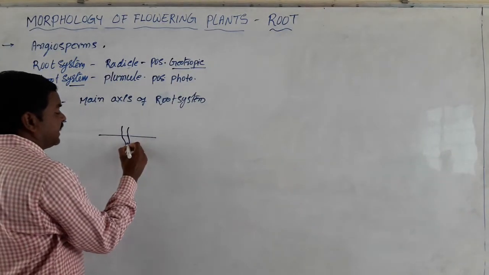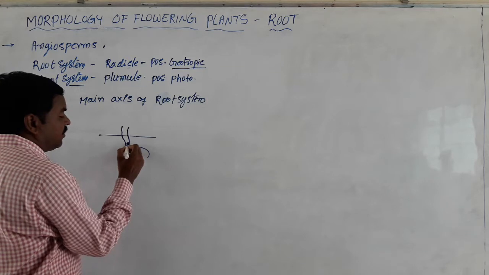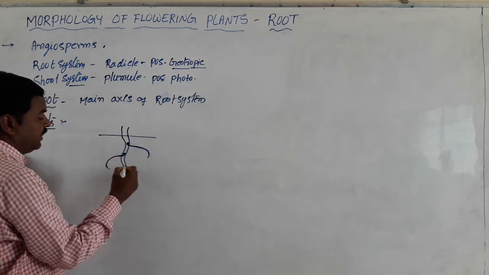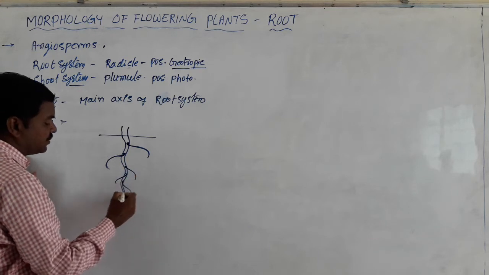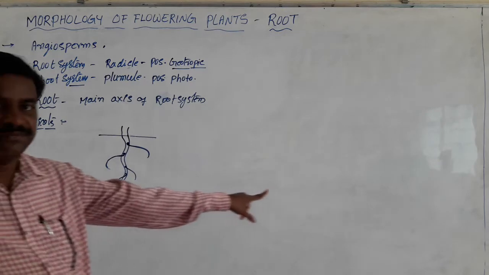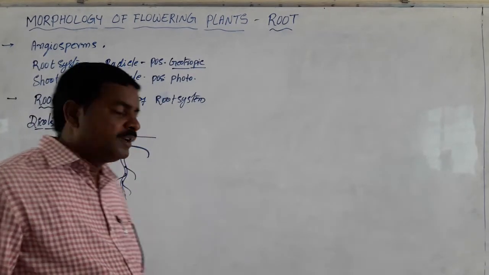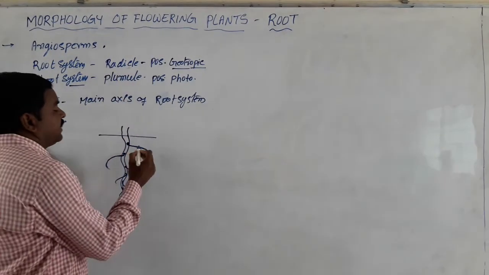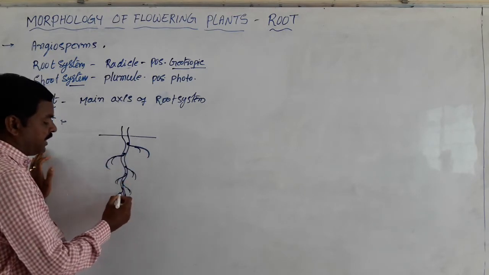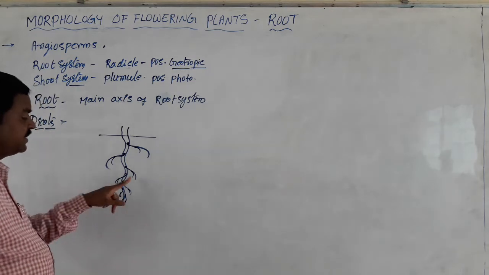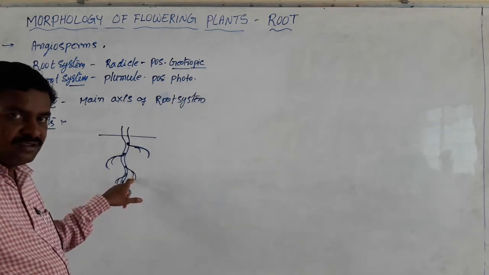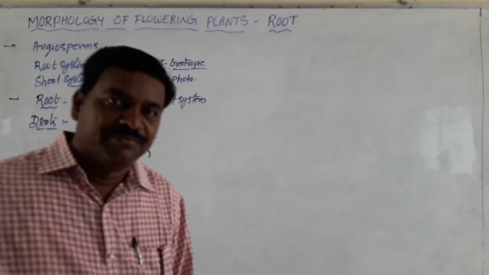Then this radicle is also divided into a number of lateral roots like this. These are called lateral roots. Similarly, these lateral roots are also divided into some branches. The branches of lateral roots are called rootlets.